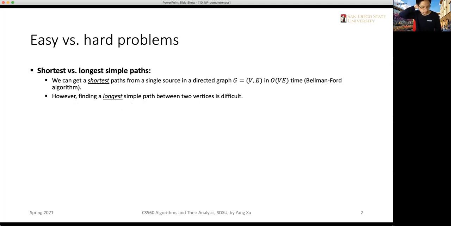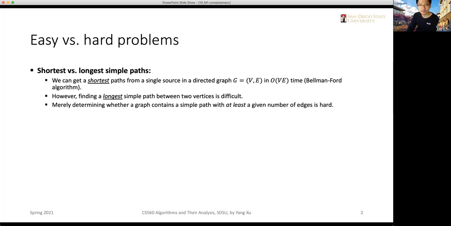You can think of why, right? Because we want to find the longest, so we basically need to go through a lot of possible paths. We want to basically enumerate all possible paths between two vertices. And that is quite a lot of time, quite a lot of possible ways to go.